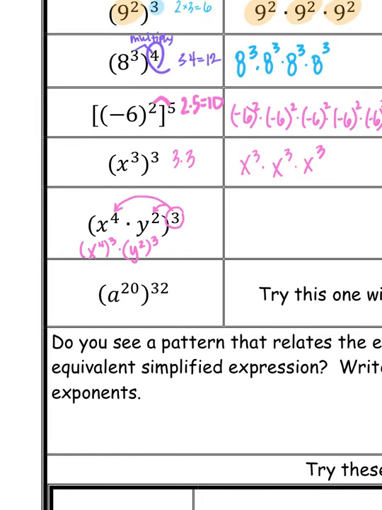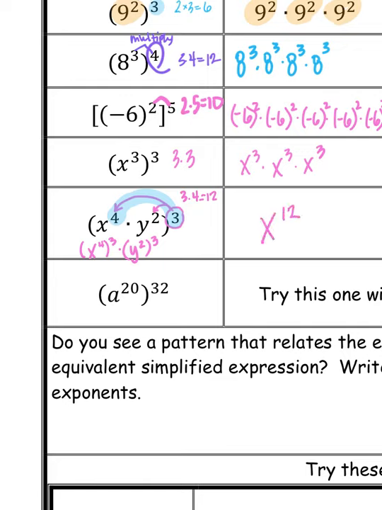But we can distribute that 3, and when we distribute, we multiply, so we have 3 times 4, which is 12. So that would give us x to the 12th.